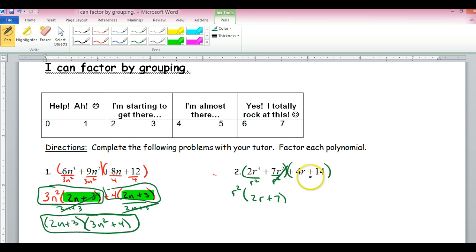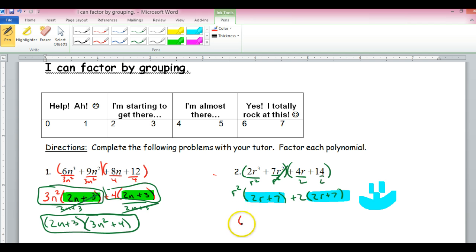Then over here, between 4 and 14, 2 is the common factor. So when I divide by 2, I end up with 2r plus 7. First thing I check for: do my binomial factors match up? We are happy here, therefore we can go ahead and factor.